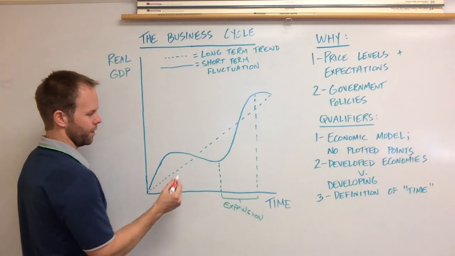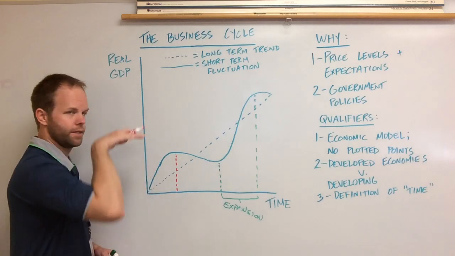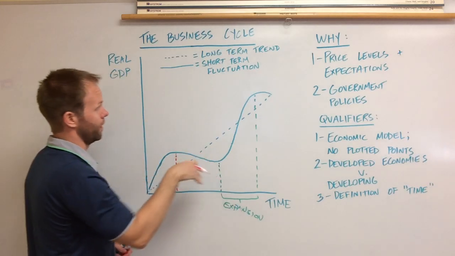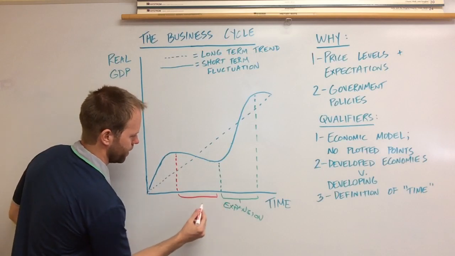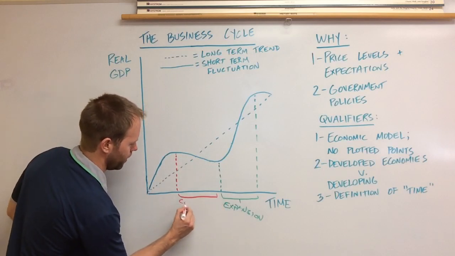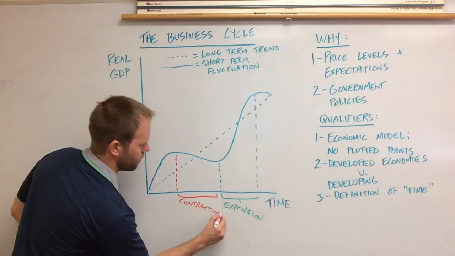Now, any stretch on this graph where we have a downward sloping line for our short-term fluctuation, we're going to call this stretch of time, fittingly, a contraction. Okay?